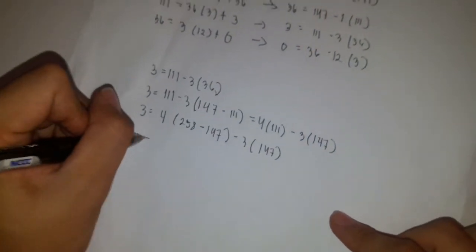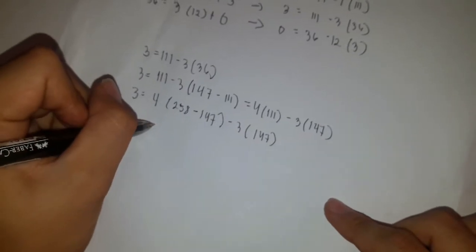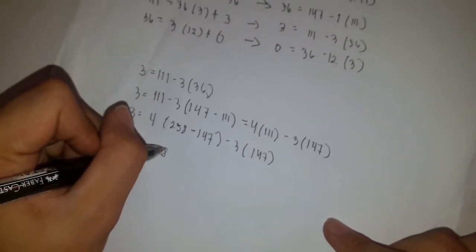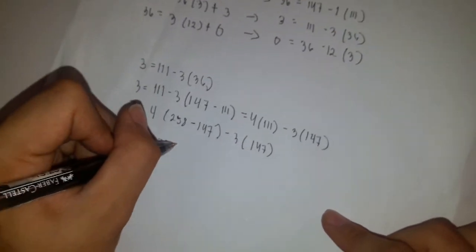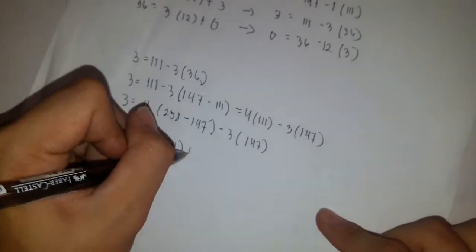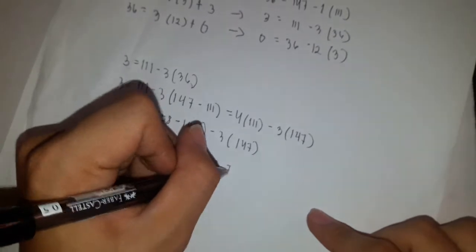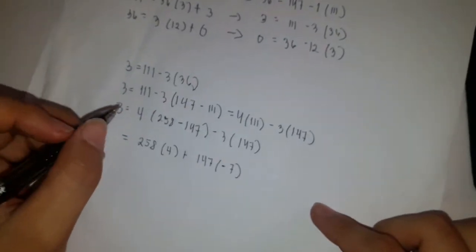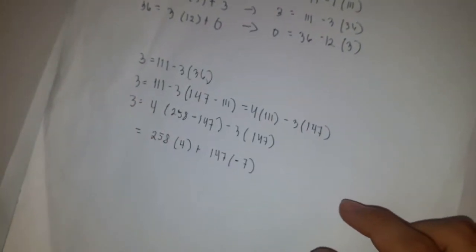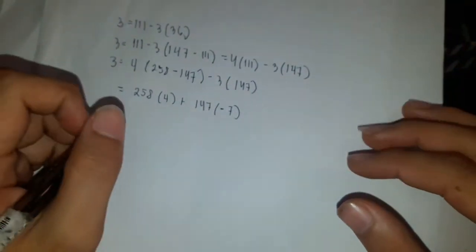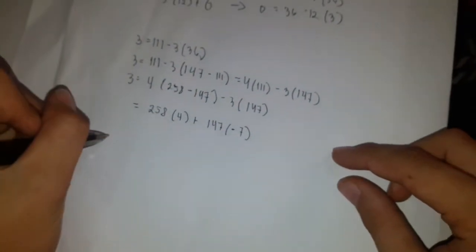So we get 258 has 4 and 147 has negative 7. So let's proceed to the general solution of our LDE.